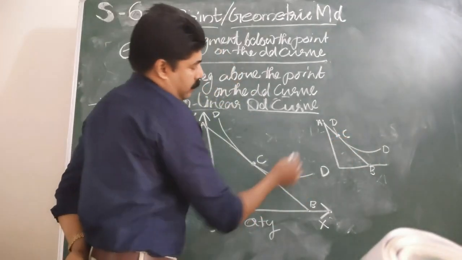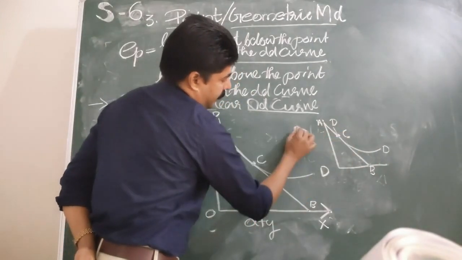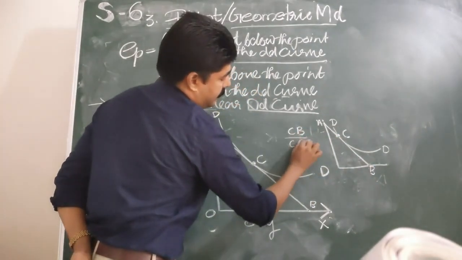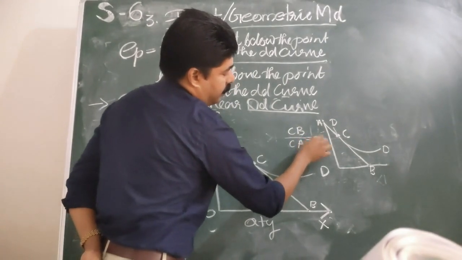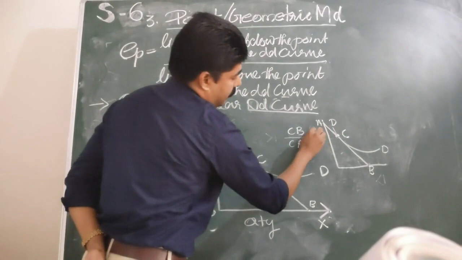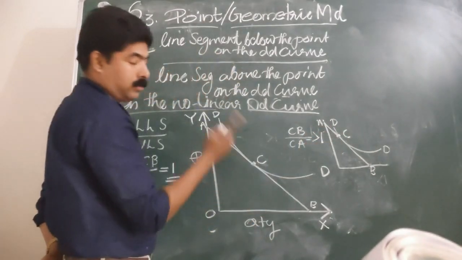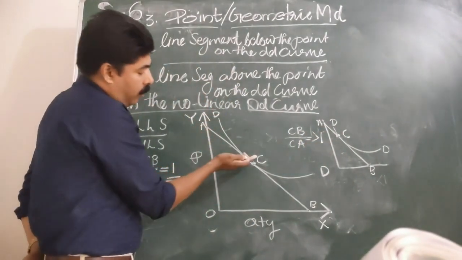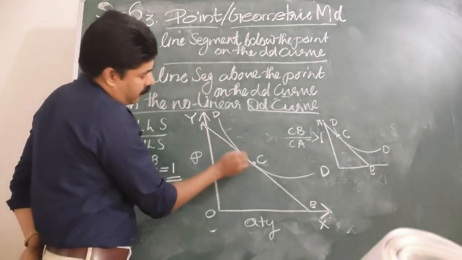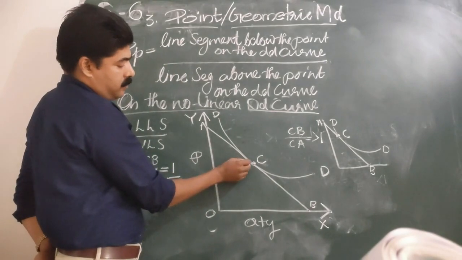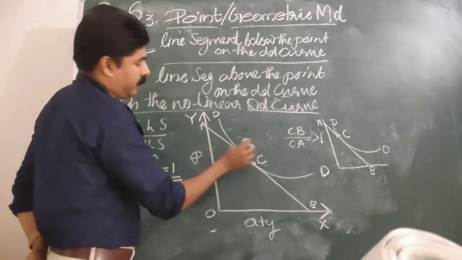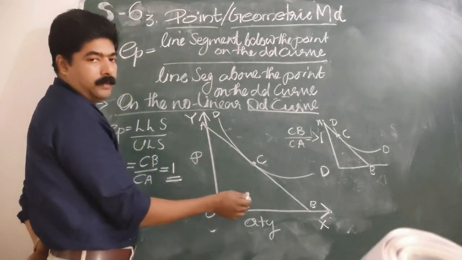Look at point C. We can write CB upon CA. The value is greater than 1, because this segment is more than CA. We have also seen that. Anywhere on the demand curve above this, if a point is mentioned, the value will be greater than 1.